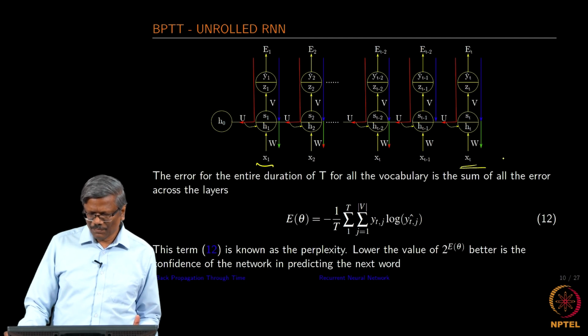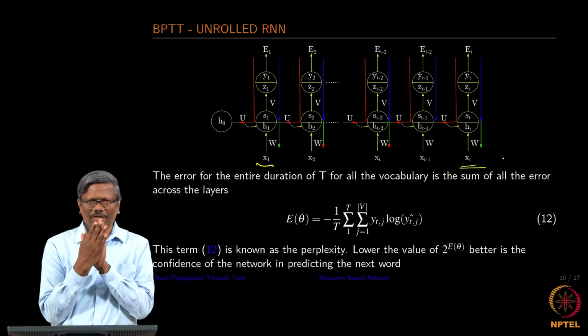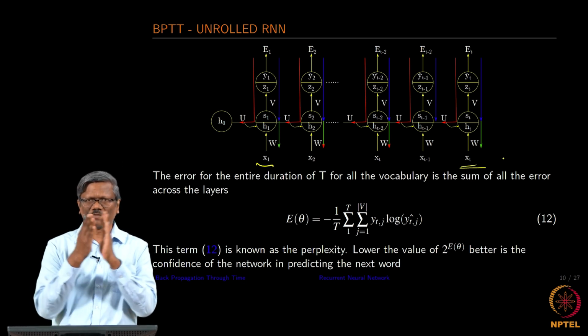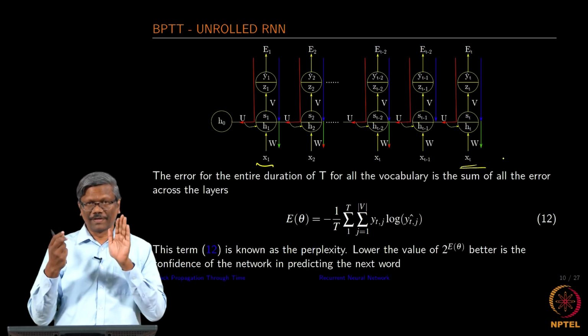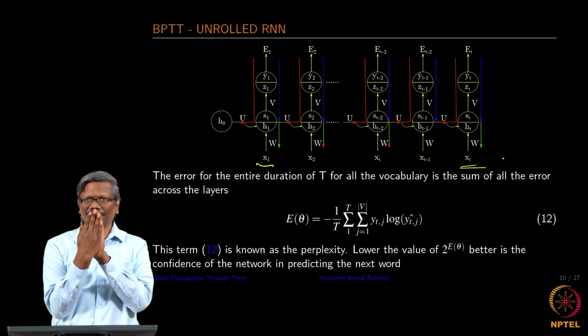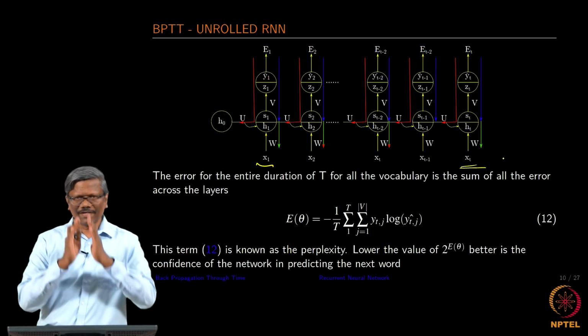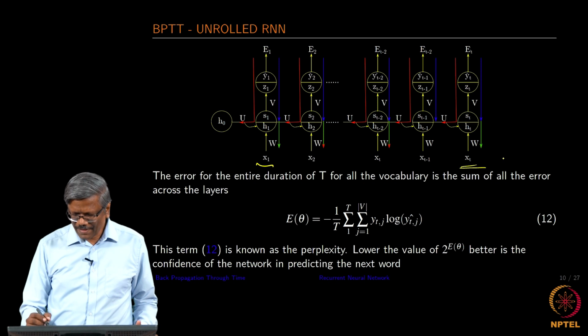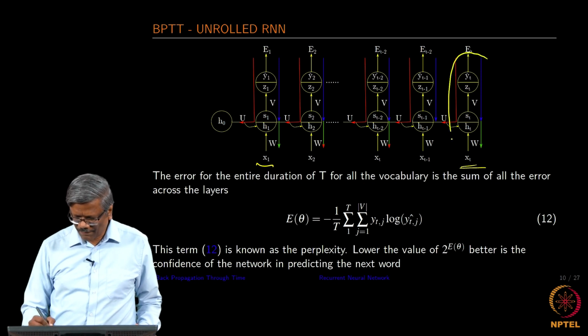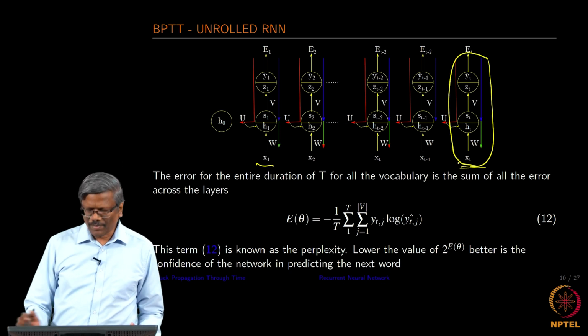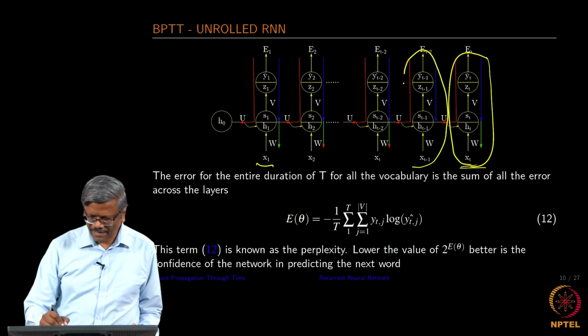Since they are unrolled, you do not see any of those loops, but when they are not unrolled you see it like this. When they are unrolled you see what you are seeing on the screen, right, like this. And then for every unit or every state you should do the operation that we have done earlier.